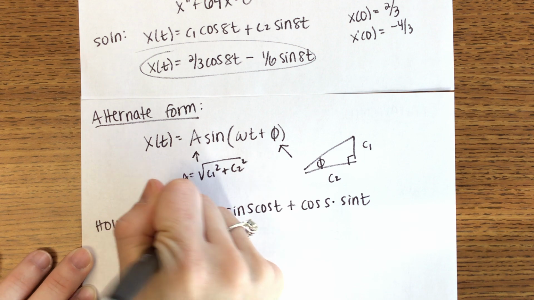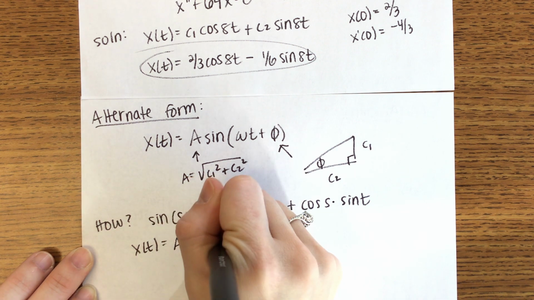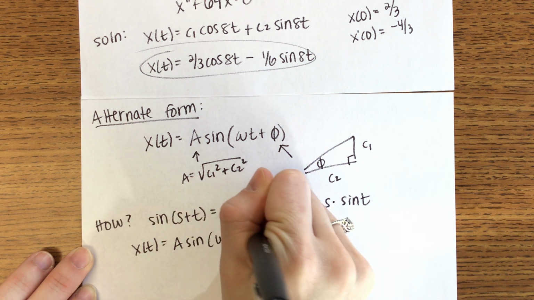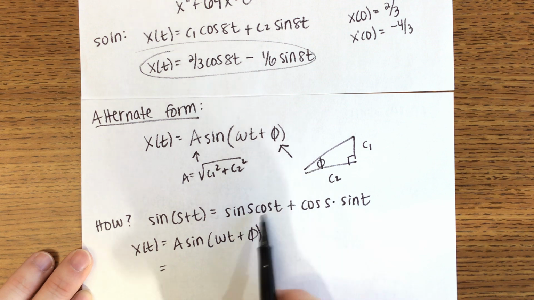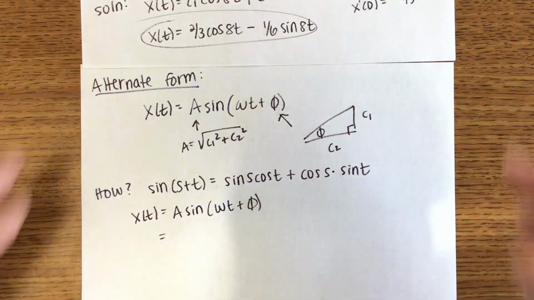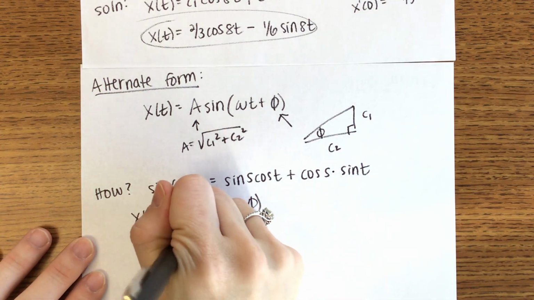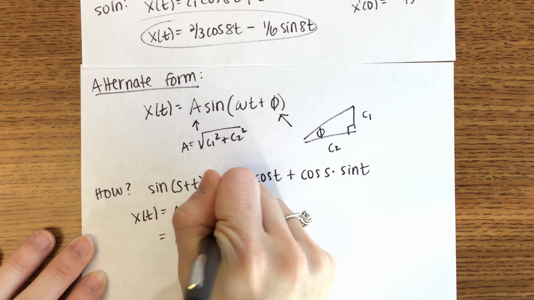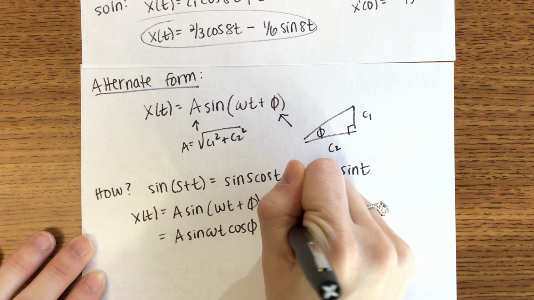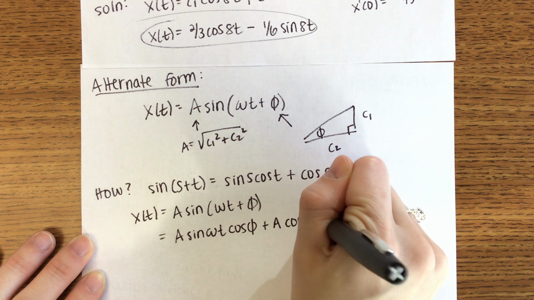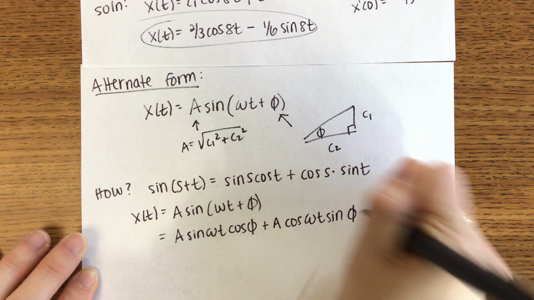So if we look at our x of t being that A sine of omega t plus phi, if we expand that out using the identity above, we're going to get A sine of omega t cosine of phi, plus A cosine of omega t sine of phi.